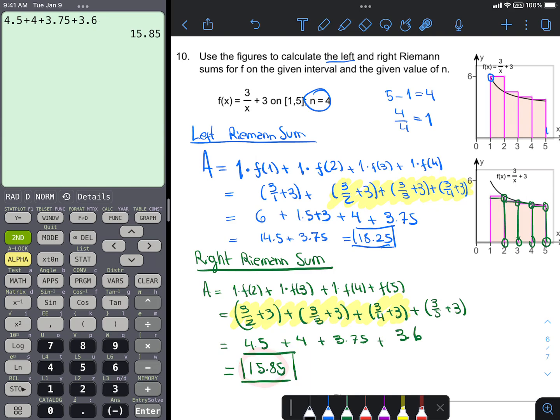And 15 is too little because there's area missing. You want the whole area. So what could you do? Maybe the average is a good estimate. Or you could increase the number of subdivisions. And that's the whole idea of integrals that you'll see in a later class.